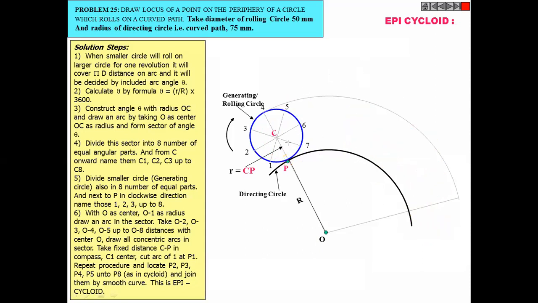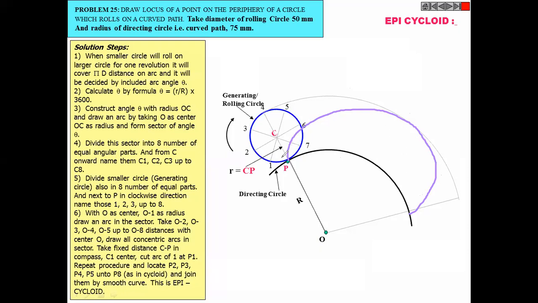Generally, we take only one convolution. It means we should start from here, and it will come something like this again. This is the one convolution. As it rotates, it will move in this direction. So we generally do it for one convolution only.